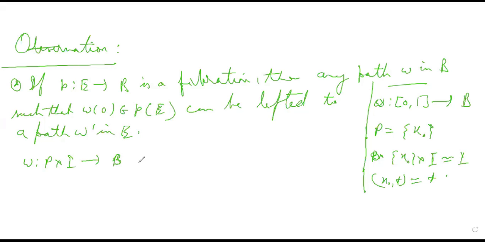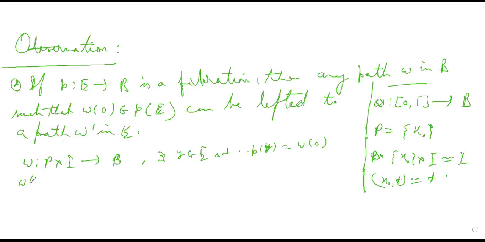There is a point, right? If we assume this condition, it means there exists some point y in E such that P of y equals omega 0, right? So you can define a map.